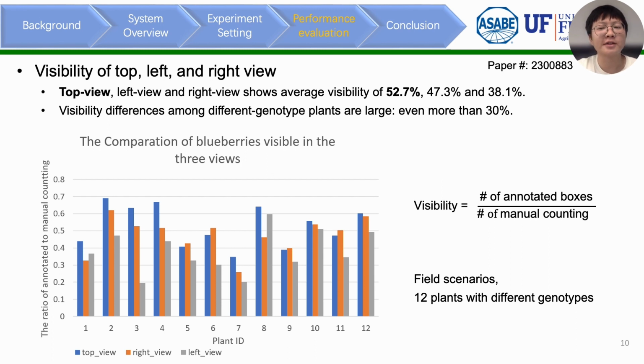We define a metric, the visibility, to describe the ratio between the number of annotated boxes and the number of manual counts. This figure shows the visibility results. Even the top view can only see 52.7%. Also, the visibility differences among different genotype plants are pretty large, even with a gap of more than 30%.